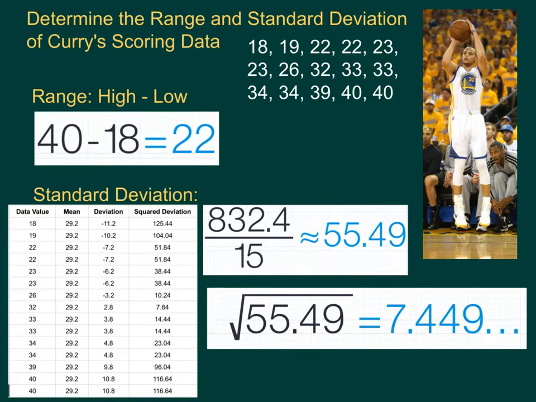This would mean that we'd expect in a typical game for Steph Curry to score within 7.45 points of his mean of 29.4. So if we rounded to say 7.4, we'd expect in most games the maximum he would score would be around 36, and the minimum he scored would be around 22.